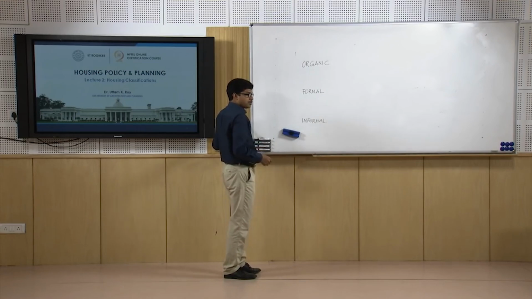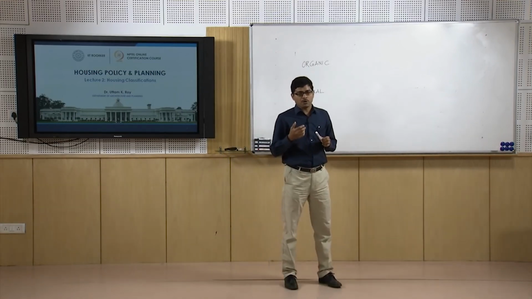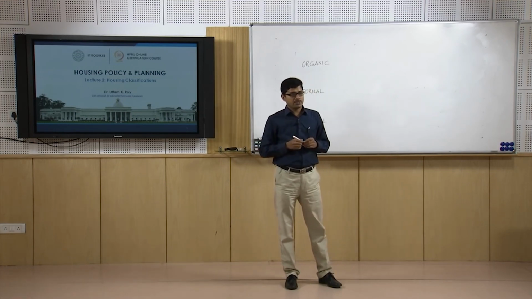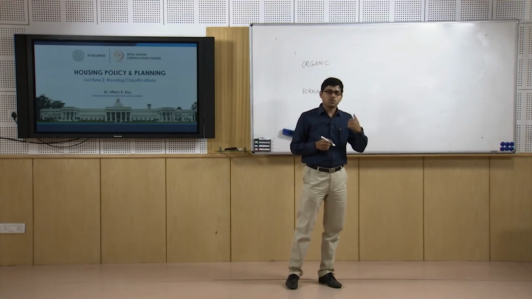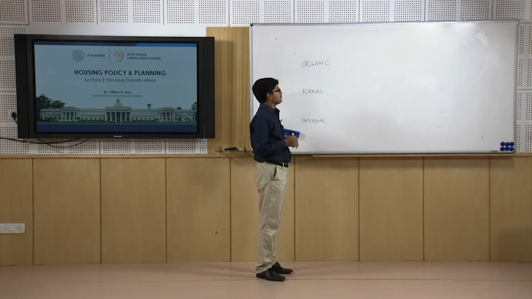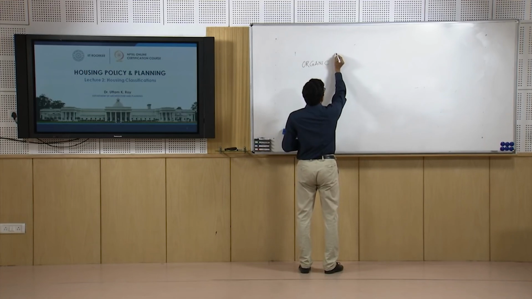Now, organic houses are those which are developed through the years organically without any planned intervention by the government. Basically it is developed by the owner's interest. They develop their own houses in the cities or in the village. So, the first category of the organic house will be the kind of core city house.